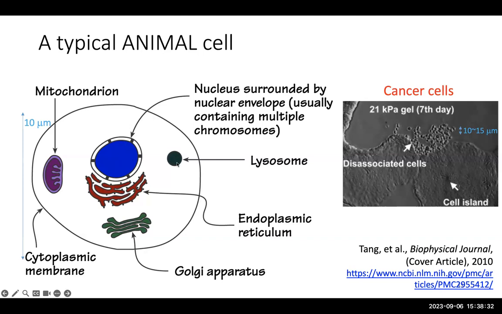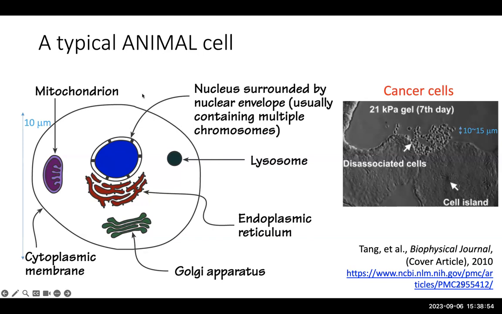This is the factory that can do the degradation of the waste inside the cell, do the recycling. Okay, and then the endoplasmic reticulum. So this unique structure, brown color, unique structure in the whole cell. This is called endoplasmic reticulum.